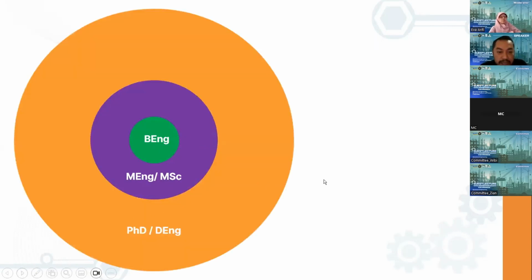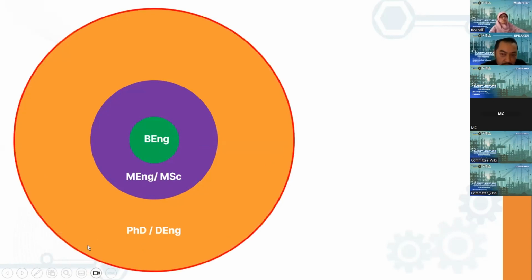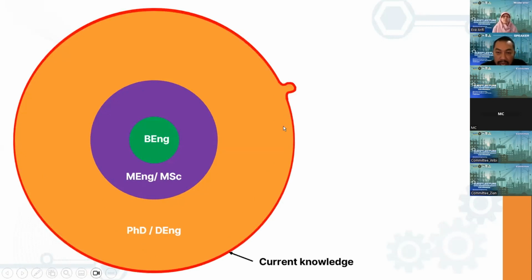And then this is PhD or Doctor of Engineering. The orange circle is the current knowledge that you should know. And when you do PhD, the red circle here is the boundary of the current knowledge that I said before. And when you do the PhD, you need to expand knowledge there more than the current knowledge at your time.